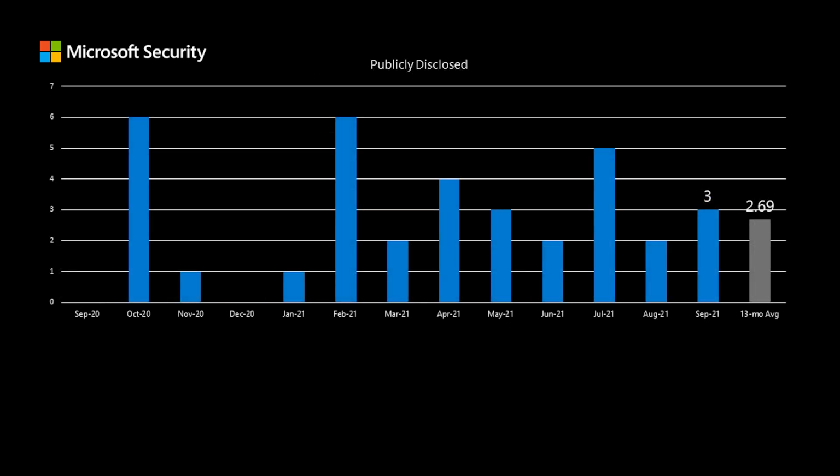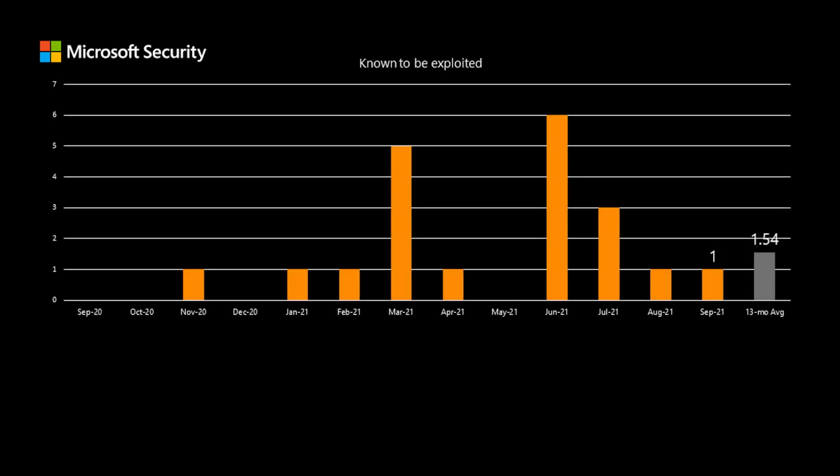This month we have 3 publicly disclosed vulnerabilities, and we've been seeing just under 3 over the last year, so right around average. And finally, for vulnerabilities known to be exploited at the time of release, this month we have 1, and we've been seeing about 1.5 over the past year or so.